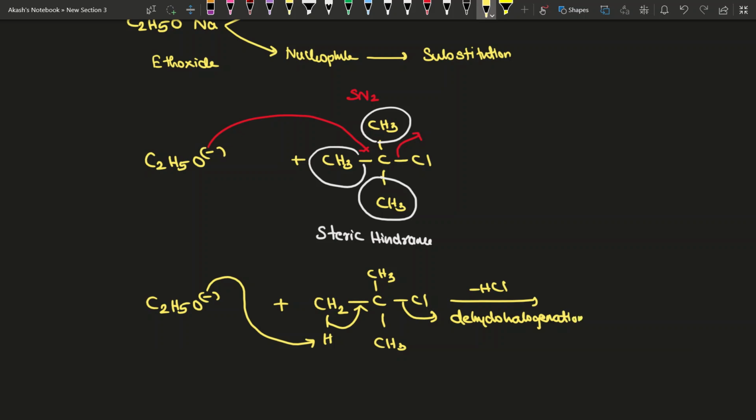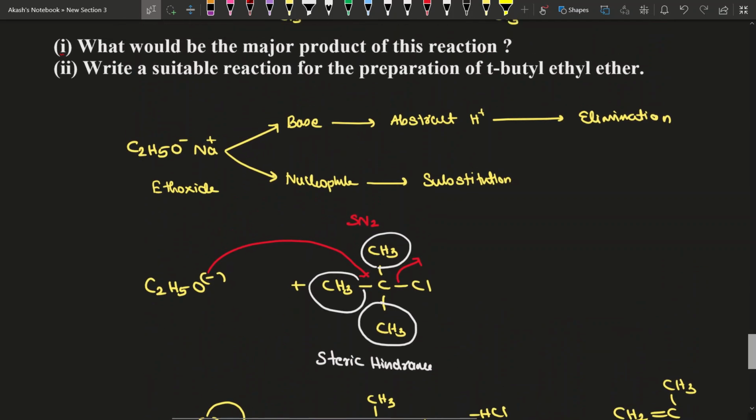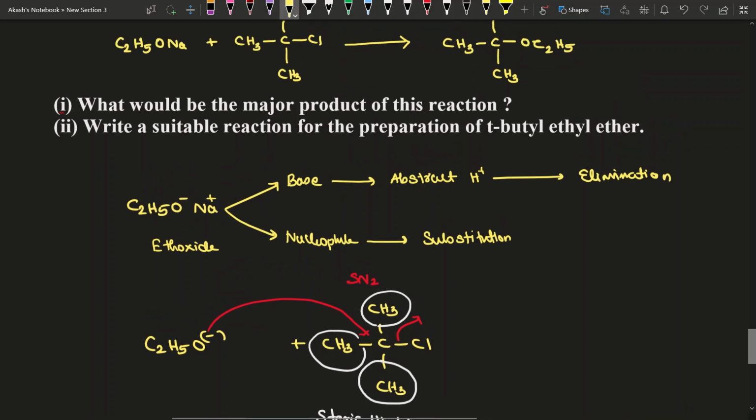That is nothing but an elimination reaction. So you will be getting CH2 double bond C, CH3 with CH3, so you will be getting an alkene molecule. So what is the major product we will be obtaining there? The major product will be 2-methylprop-1-ene.